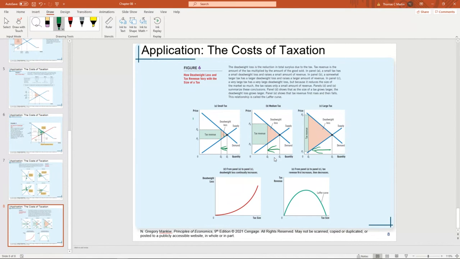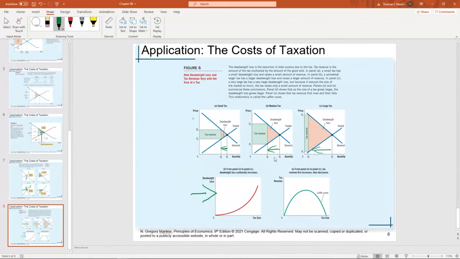Now, if we look at this graph right down here, I know there are some true false questions that will deal with this. It may be multiple choice. And what they're going to ask you is, what is the relationship between deadweight loss and taxes? Or they may ask you, if the taxes are increased, what happens to deadweight loss?